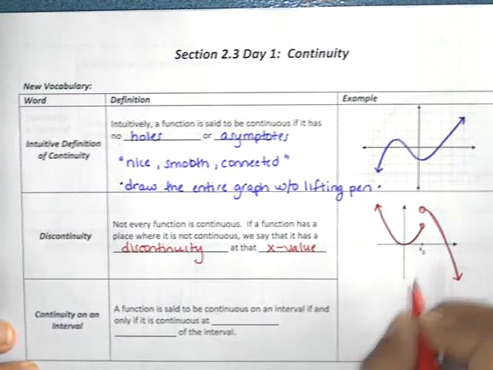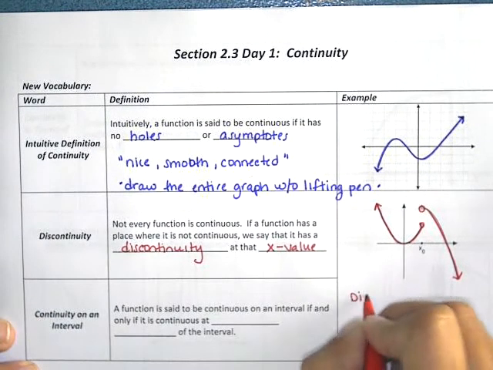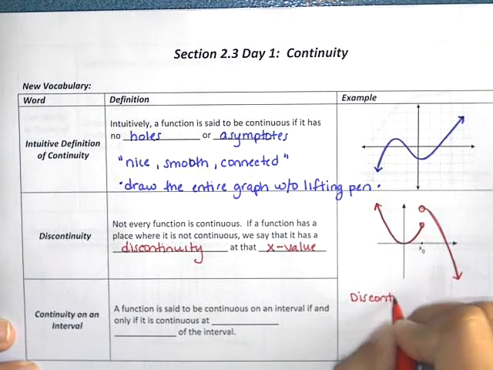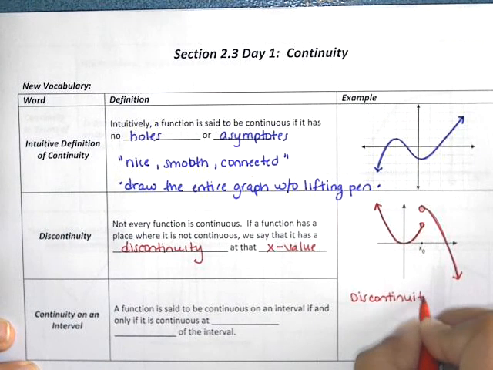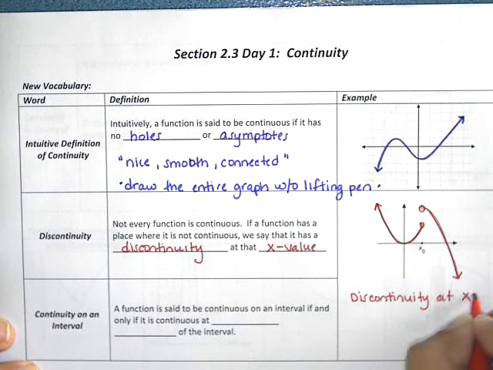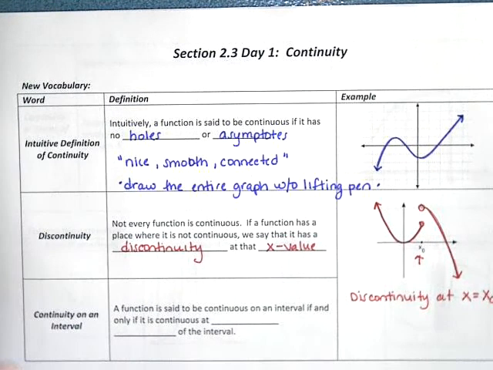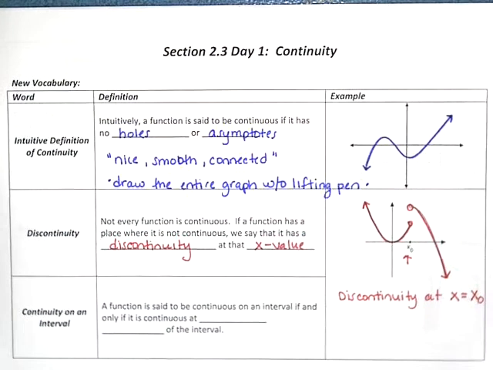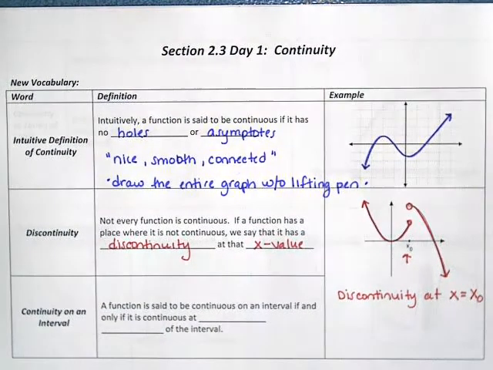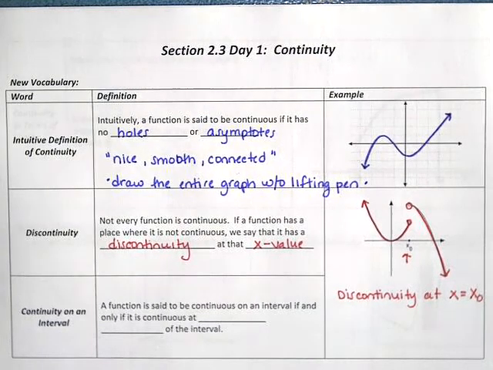So we would say that this graph has a discontinuity at x equals whatever this number is. Since we're calling it x sub naught, we're just going to call it x sub naught. Now since there's only one spot where this graph is disconnected, we would say it's continuous everywhere else. Except for this one spot, everything else would be nice and smooth and connected.